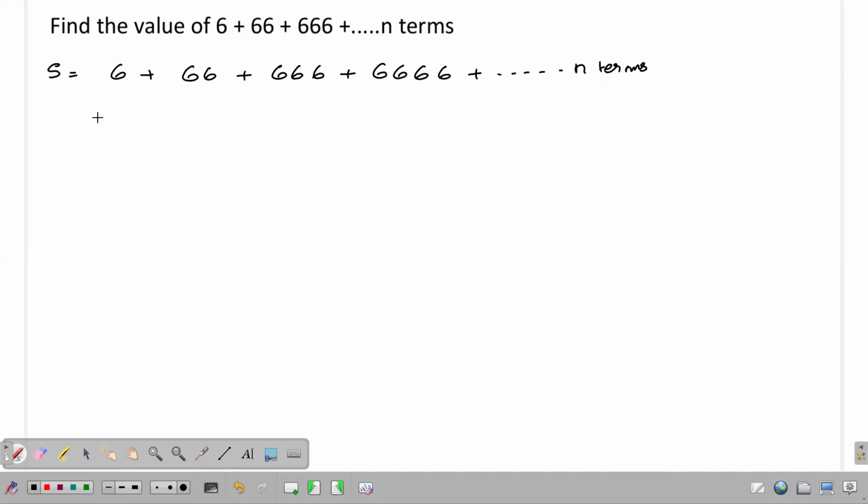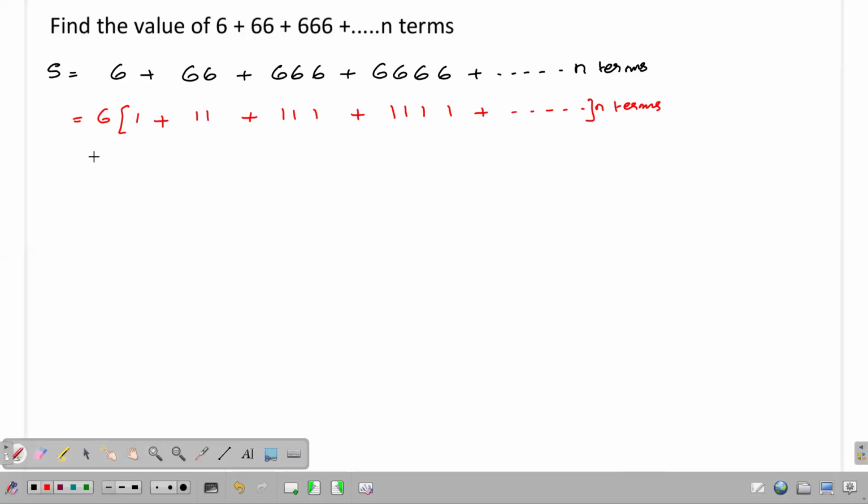Now, I feel like taking 6 the common factor out. Then it will be 1 plus 11 plus 111 plus 1111 plus etc. up to n terms. It comes like this. Got it?